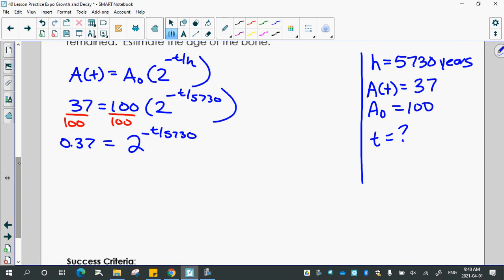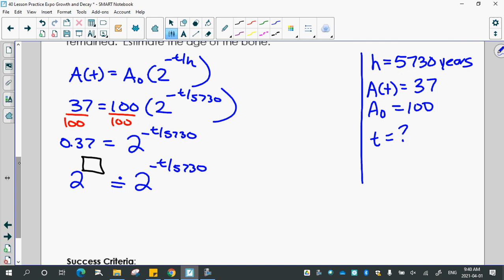And now we're at the step where we have to write 0.37 as 2 to some number. It's probably going to be approximate. So now we go to our calculator. I guess 0.37 is 2 to the something. Negative 1.4?